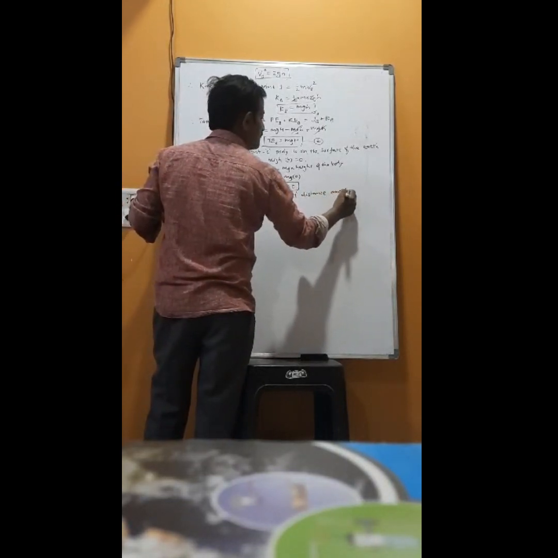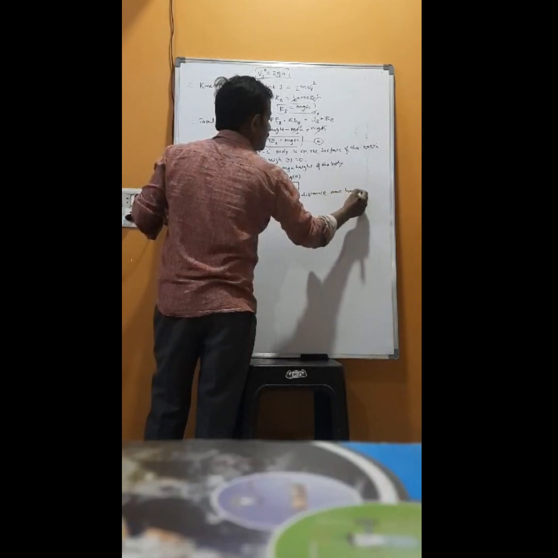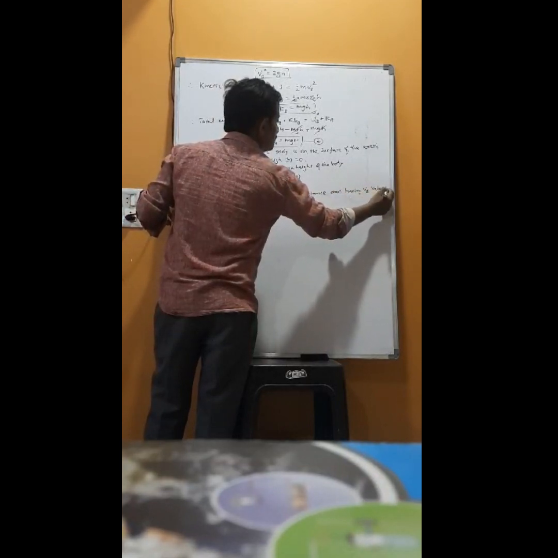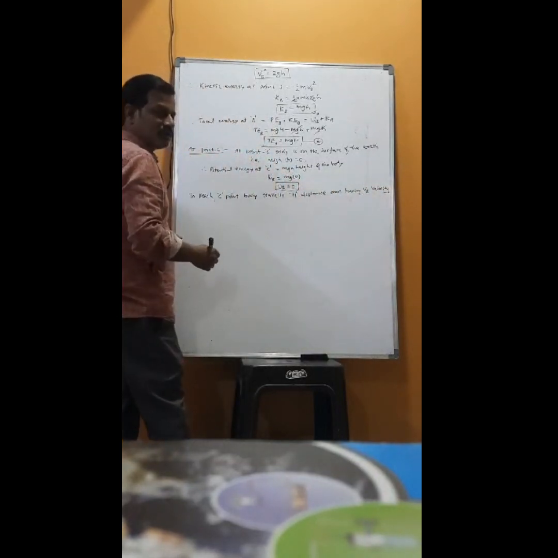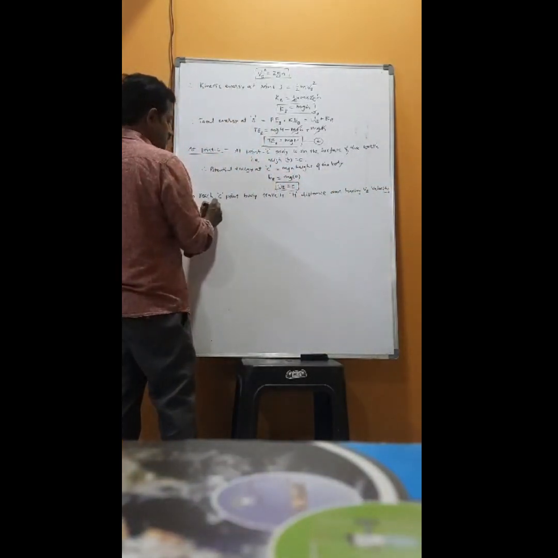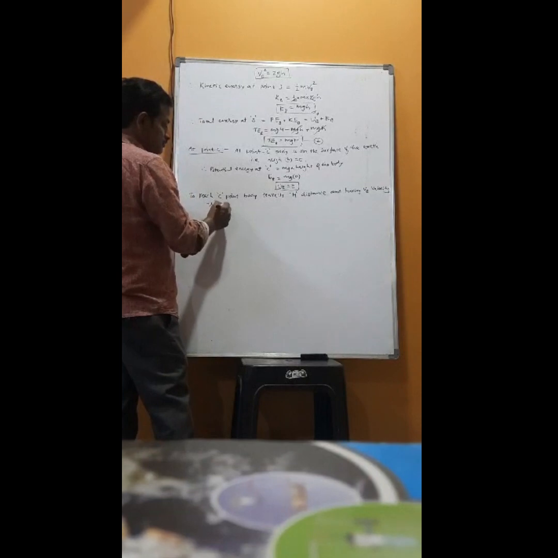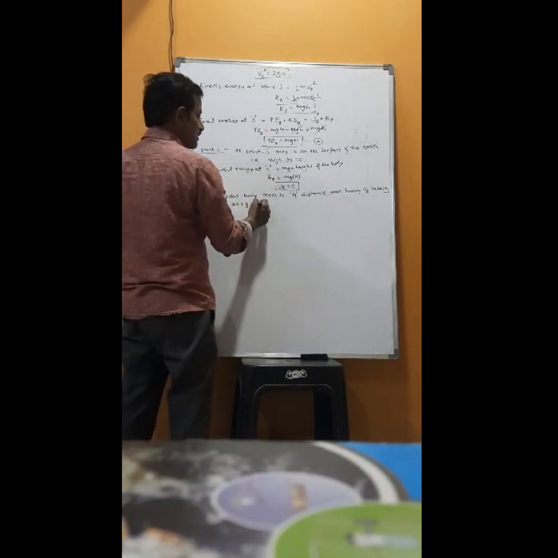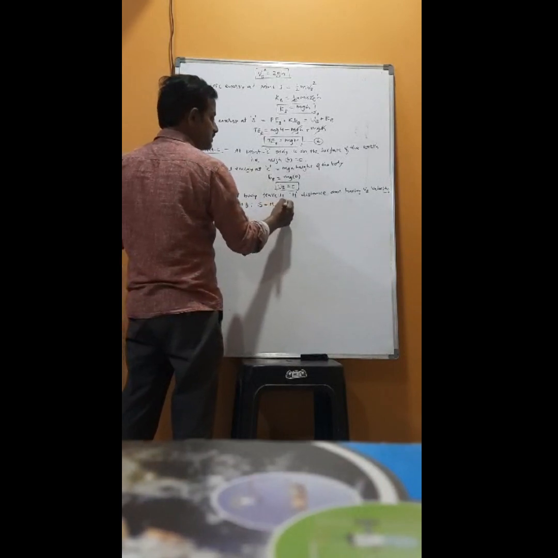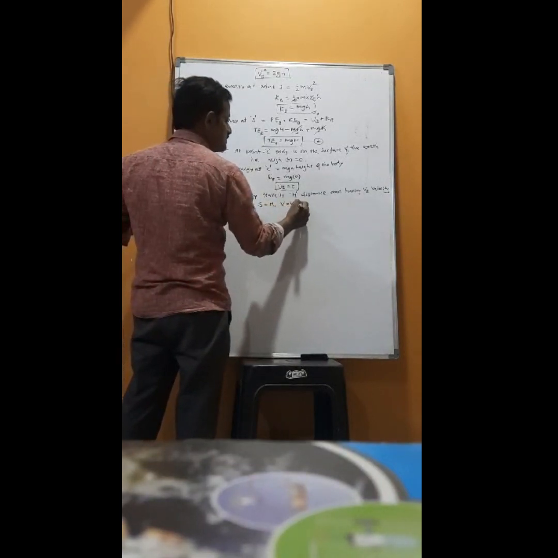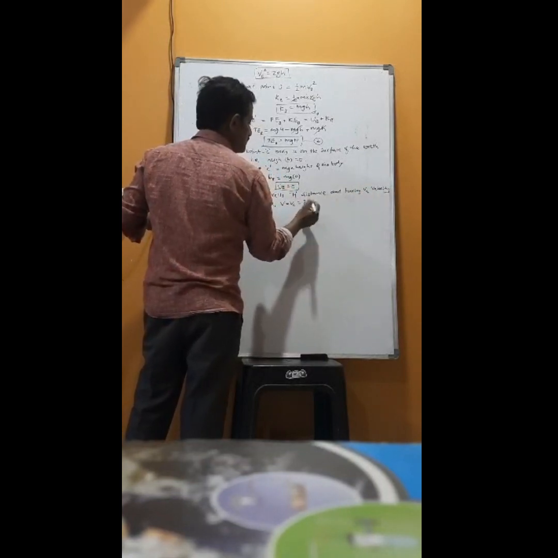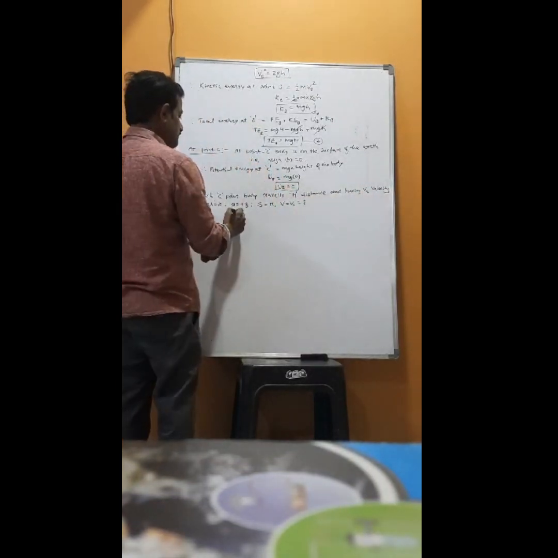Initially the velocity is 0, acceleration is plus g, and displacement is H. The final velocity is VC.